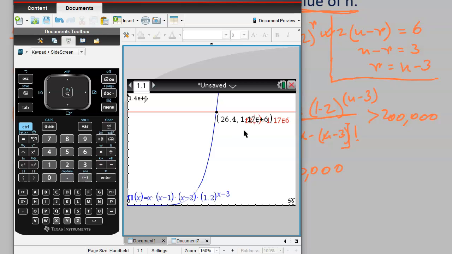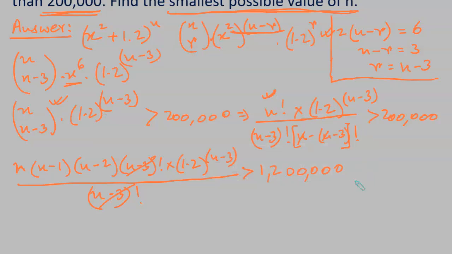And they are asking for the smallest value, hence the smallest value of n will be equal to 27. This is our answer. I'm sorry the graph was giving a bit of problem, but ultimately we have found the answer. It is n equal to 27.